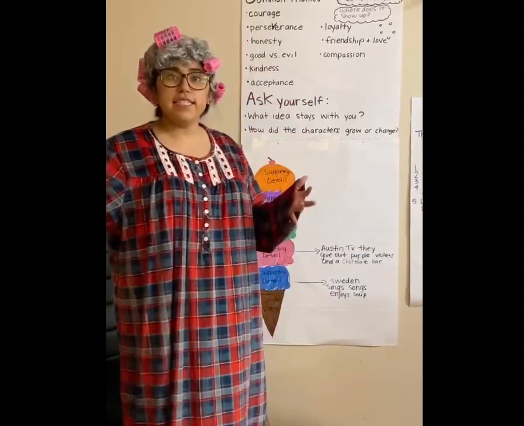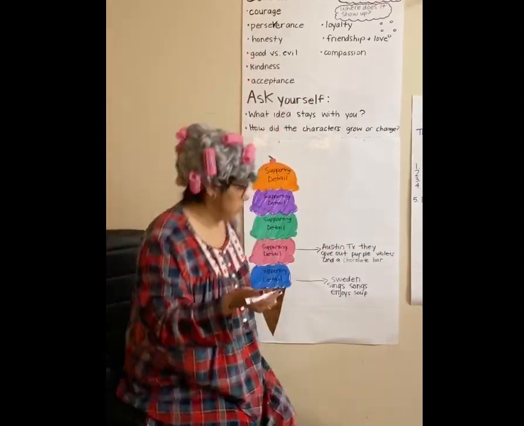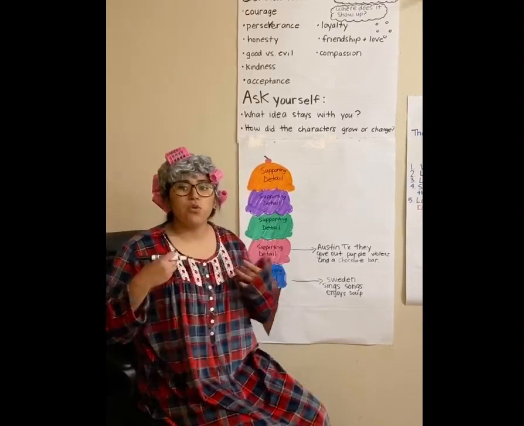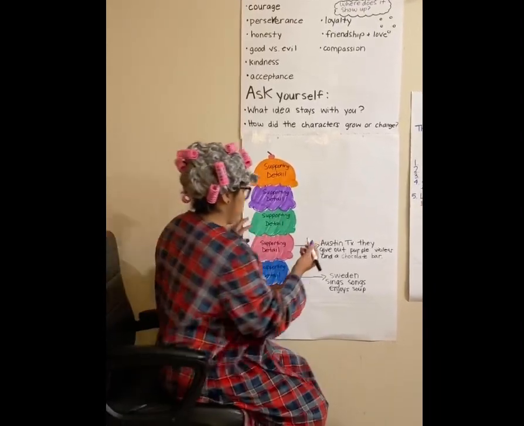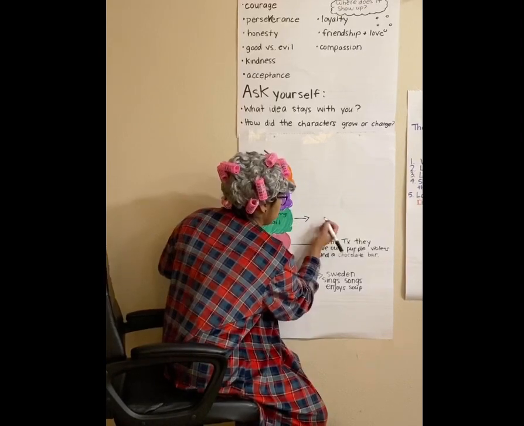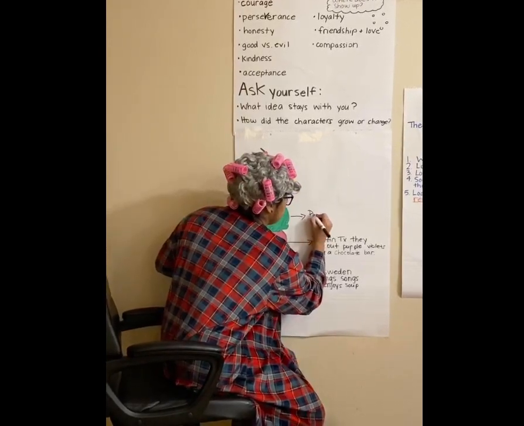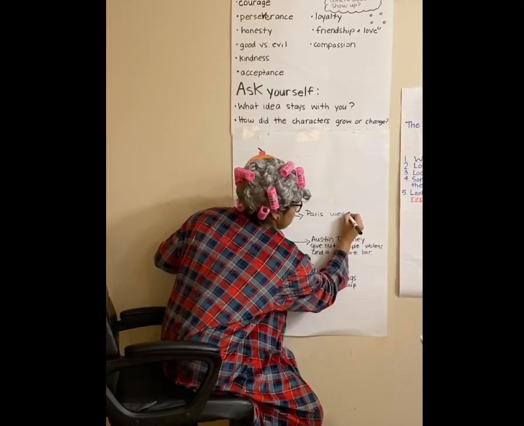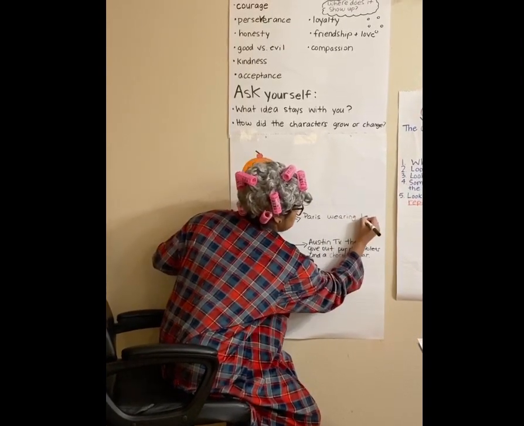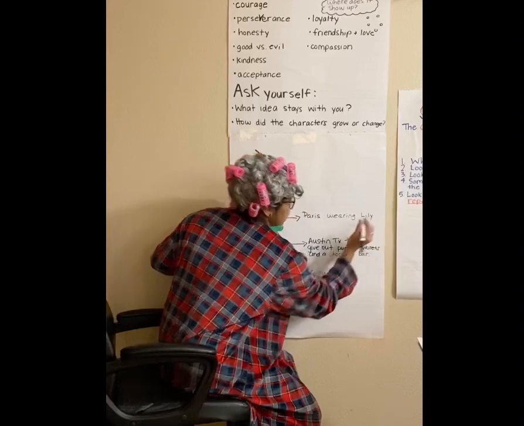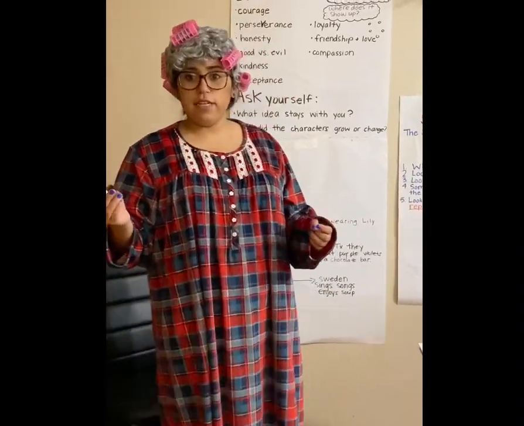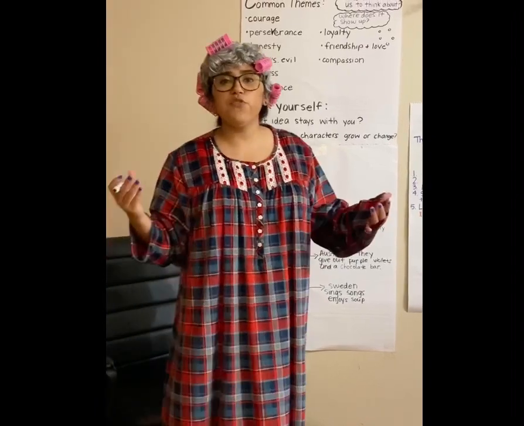Okay, next is Paris, France. What did they do? Well, in the story, they talked about wearing lilies. Okay. Next place they talked about is Hawaii. And what did they do in Hawaii?